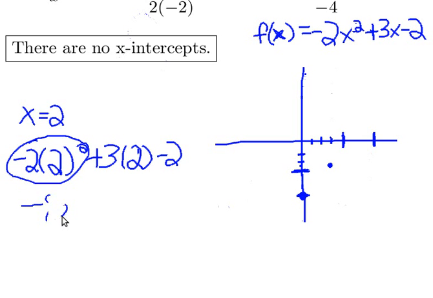That's a weird looking 8. This part here is going to give us 6. Negative 8 plus 6. This part right here is going to give us minus 2. There's no further evaluating that. This is going to be minus 4. So that means that at x equals 2, we're going to be all the way down at minus 4.